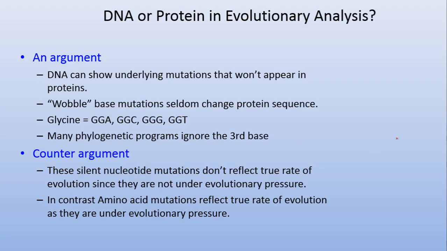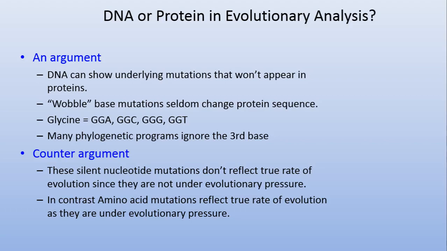Now let us discuss another aspect of your evolutionary analysis. Some people might ask, okay sir, what needs to be considered when you perform evolutionary analysis? Shall I use the DNA sequence of my gene, or shall I use the protein sequence of my gene?